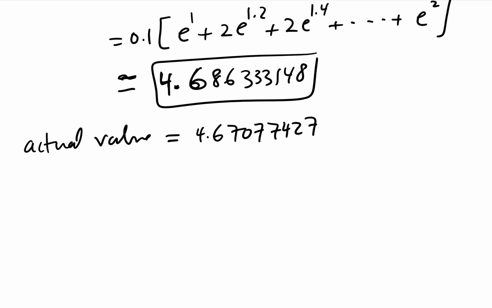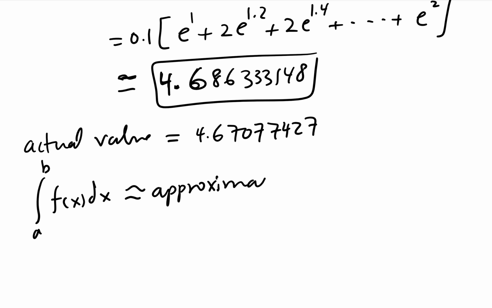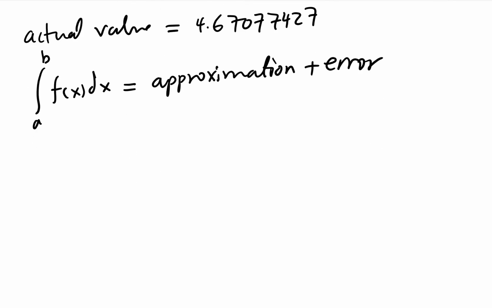So when I'm doing the integral of f of x dx, I did the approximation. But if I want to switch this approximation to equal to, I have to add the error. So if you take the error plus the approximation, that will give you the exact value of that integral. So how do I find the error in this case?